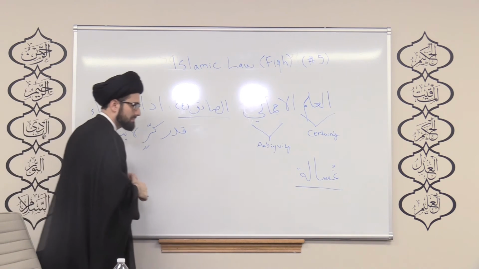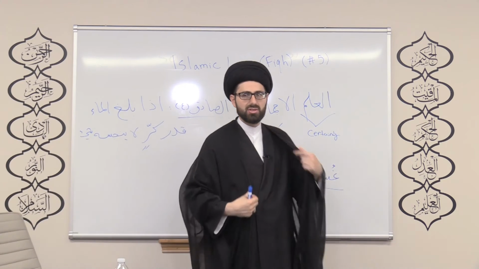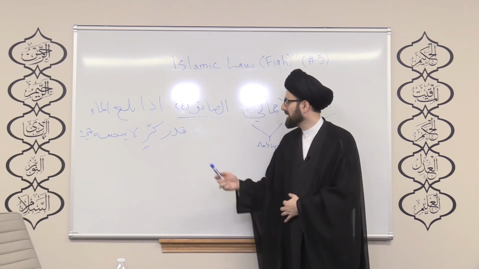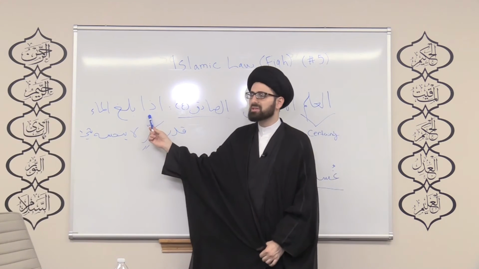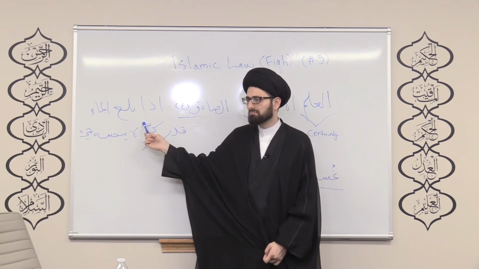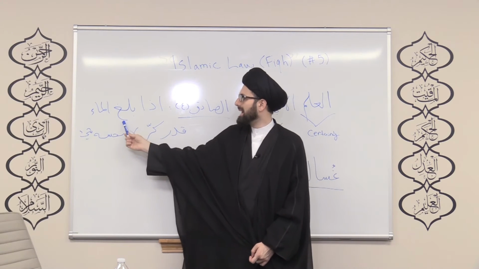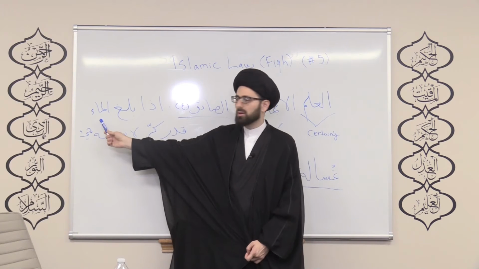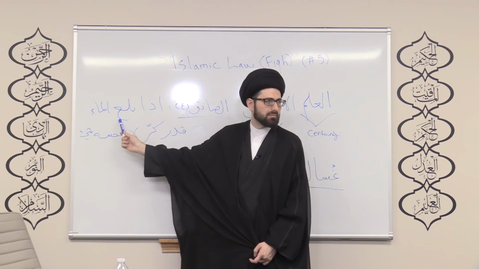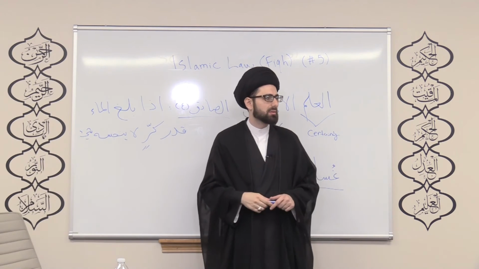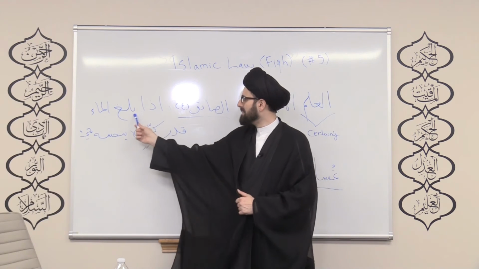Let's first dissect the hadith and then see what a korr is. The Imam says إذا. What does إذا mean? If or when. بلغ الماء. Water reaches. بلغ means it reaches. إذا بلغ الماء قدر كر.